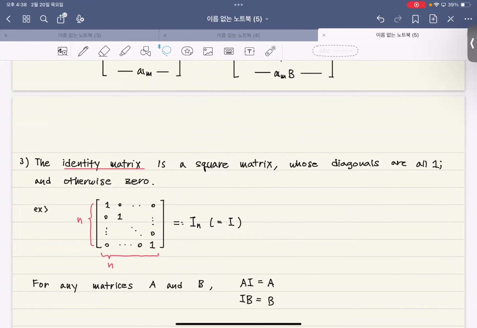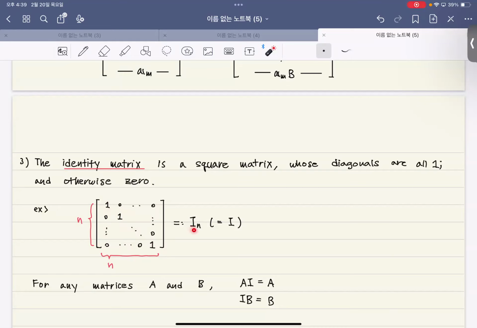The next very special matrix is the identity matrix. So what is the identity matrix? The identity matrix is a square matrix whose diagonals are all ones and otherwise zero. This is an n by n matrix whose diagonals are all ones, and every other entry other than the diagonal equals zero.